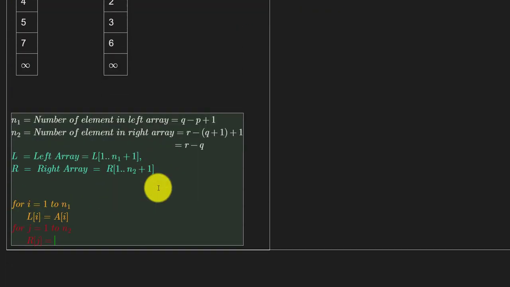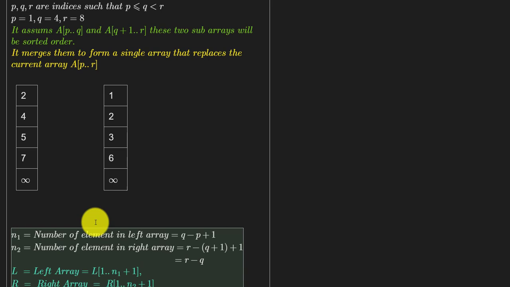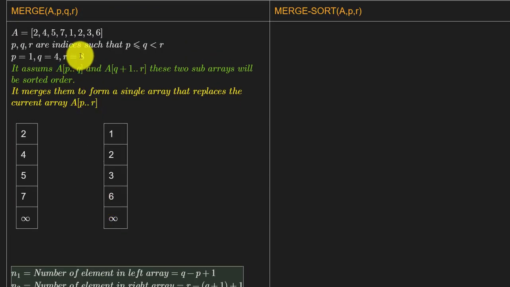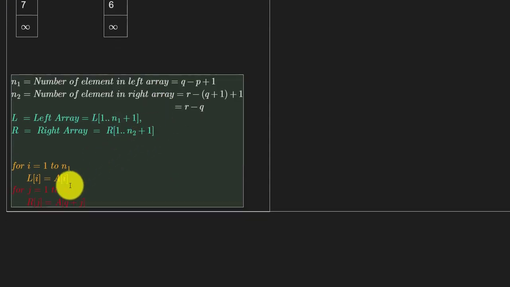So j is looping through 1 to 4, and if I write A[q + j], that makes sense, because this is looping from 5 to 8 and q is 4. That means 4 plus 1 is the first element, 4 plus 2 is the second element, something like that. So this is how we are filling up the right array.